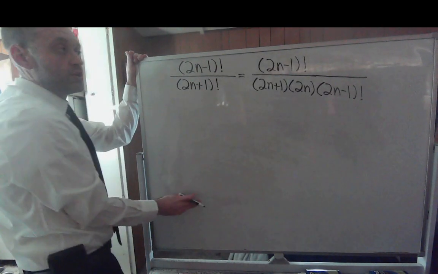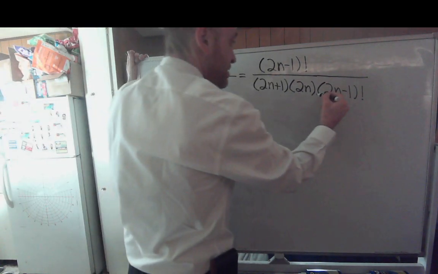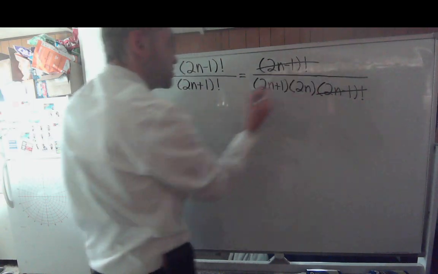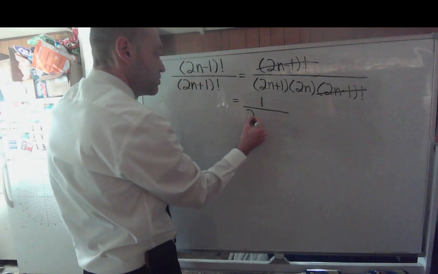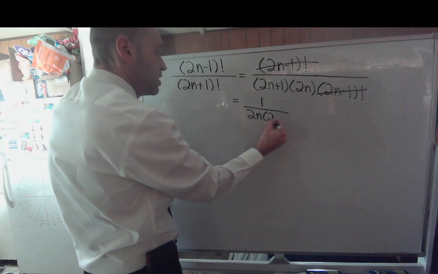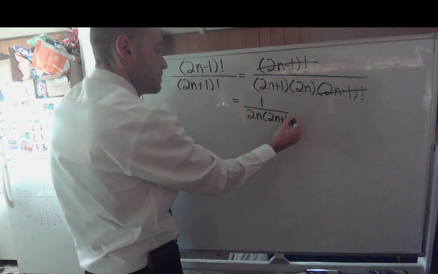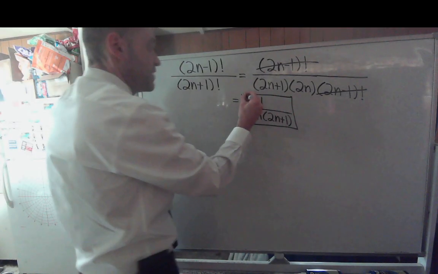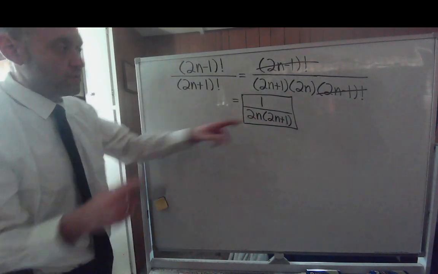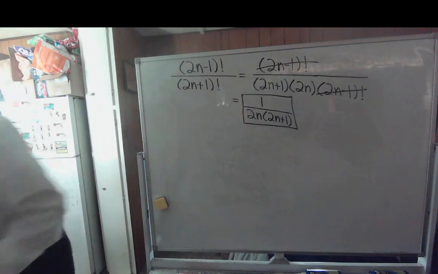Notice now between numerator and denominator, we can cancel out a 2n minus 1 factorial, which should just reduce to 1 over 2n times the quantity of 2n plus 1. That's exactly what we would get when we reduce the factorials. 1 over 2n times 2n plus 1.